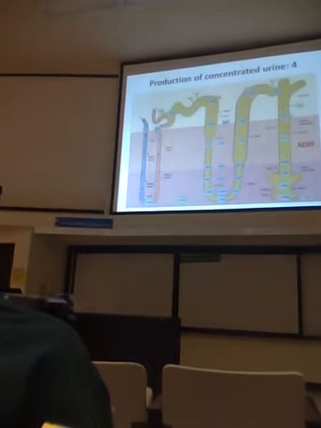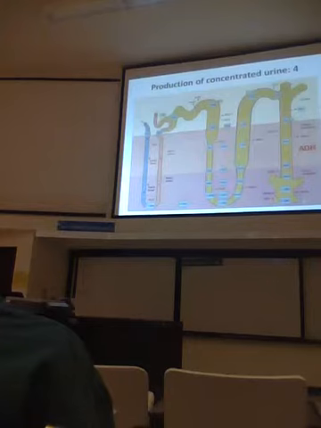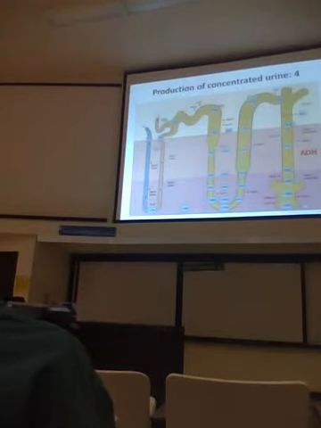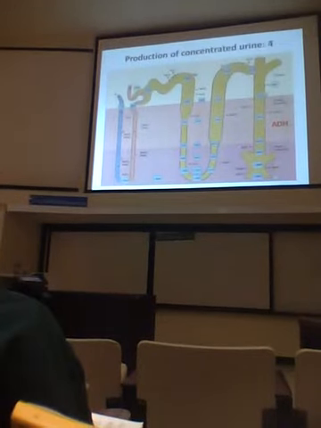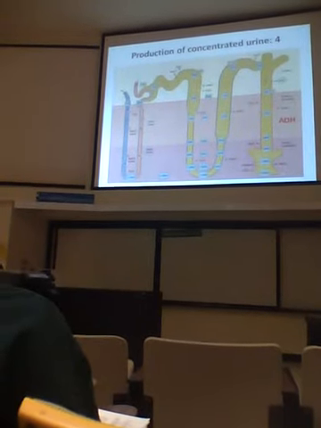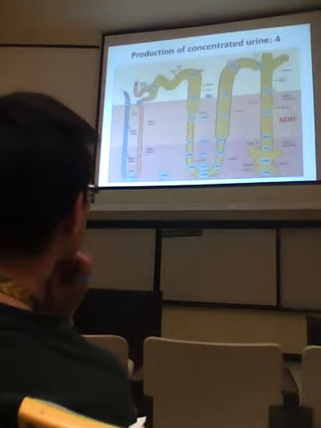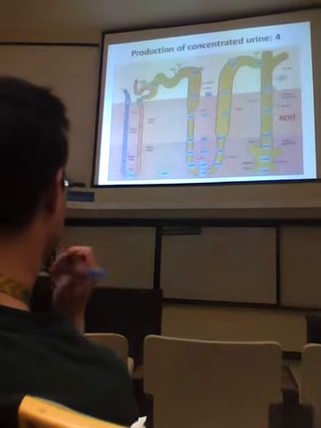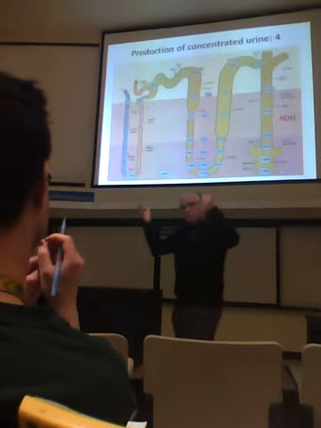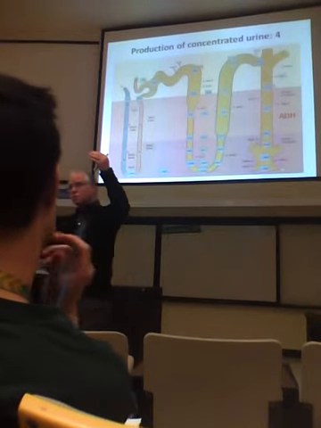Now, if these membranes are permeable to water, what is going to happen to the water in these tubules when the tubules dive back down through this high concentration of sodium chloride? Remember osmosis? Hypotonic, hypertonic? What's going to happen to the water?